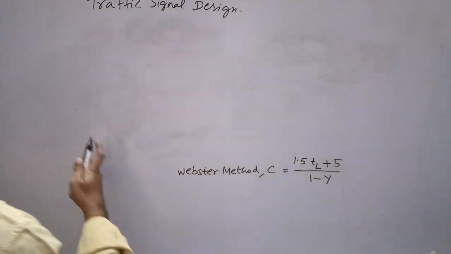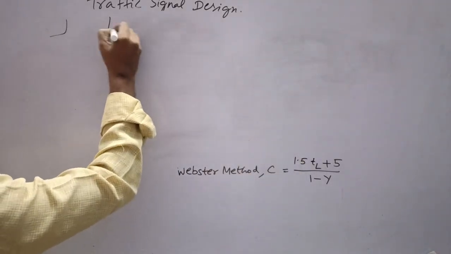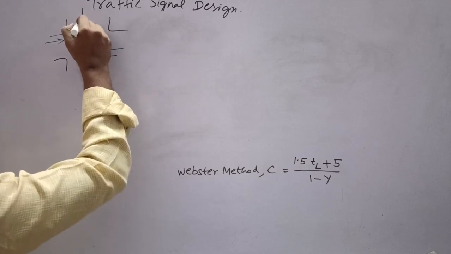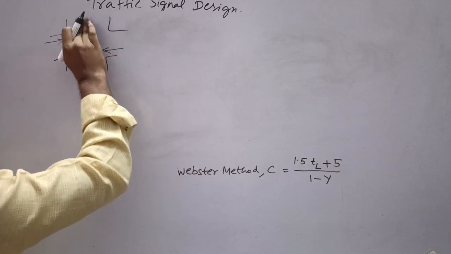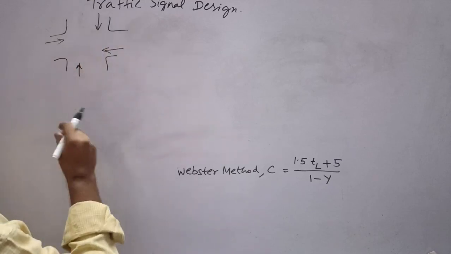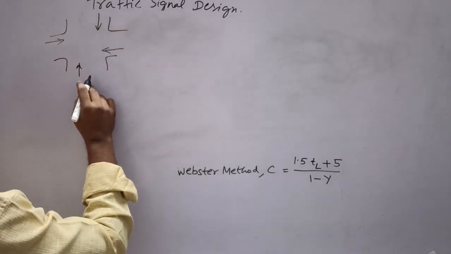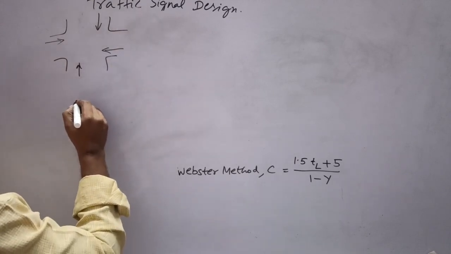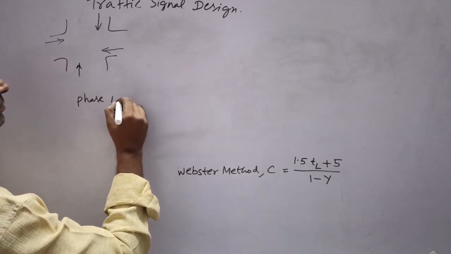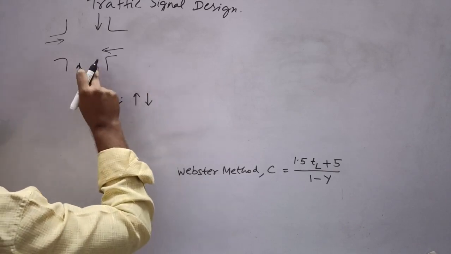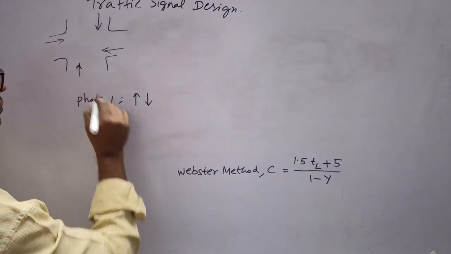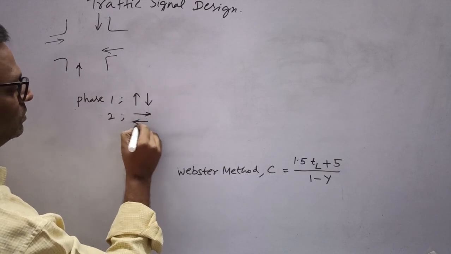Total lost time. If there is an intersection, and suppose we have only straight movements, only through traffic is there, so we can do like this. For phase 1, we allow these two, and again in phase 2 we allow this through traffic.